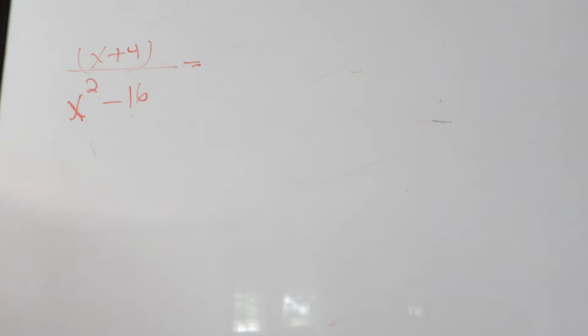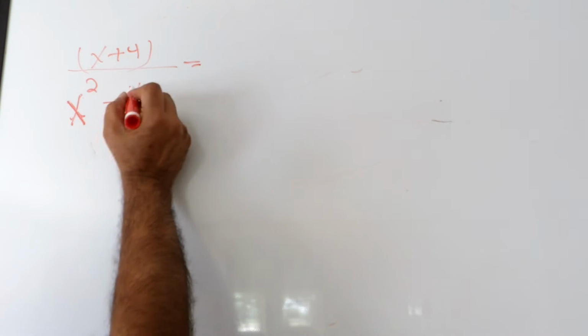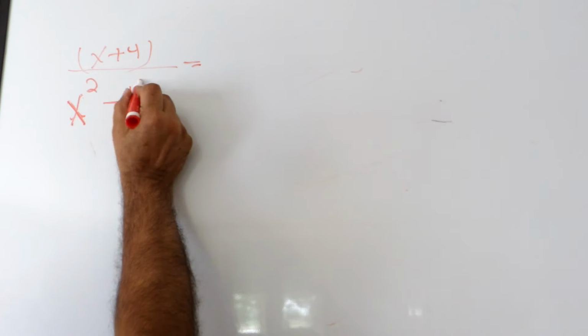So there are two of them, perfect squares. This is a perfect square. We have 16 and x squared.